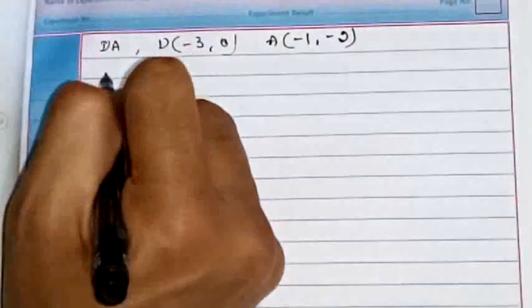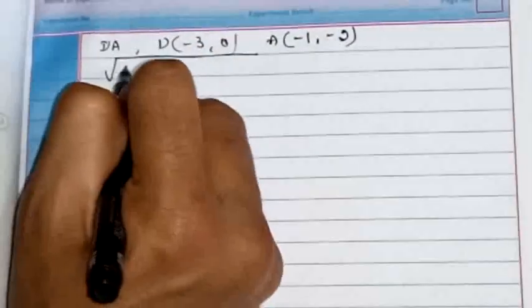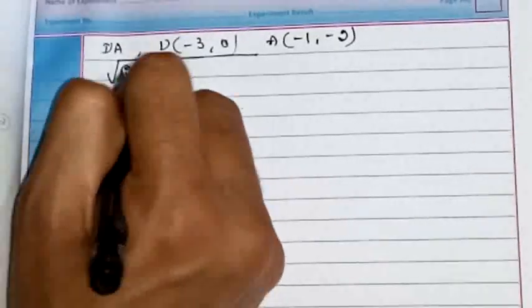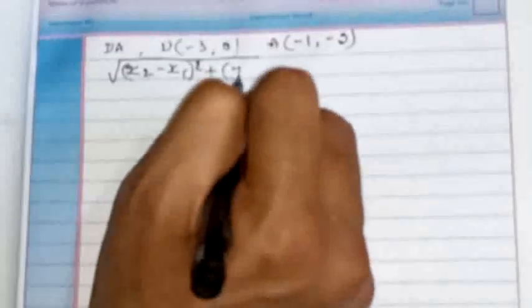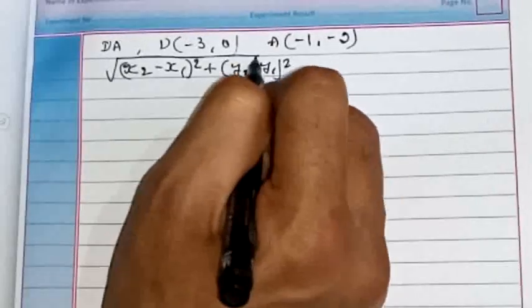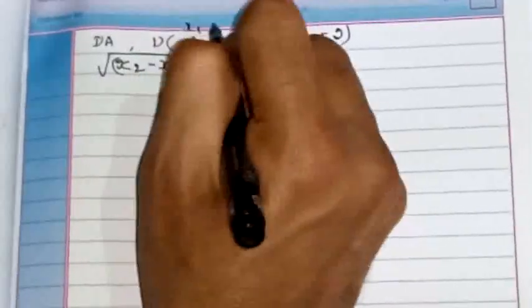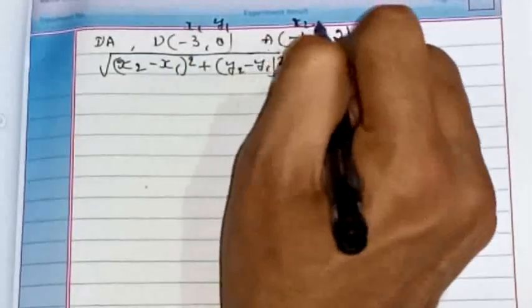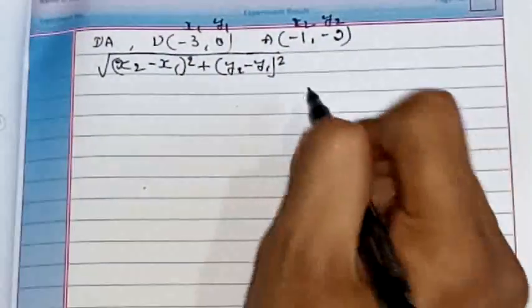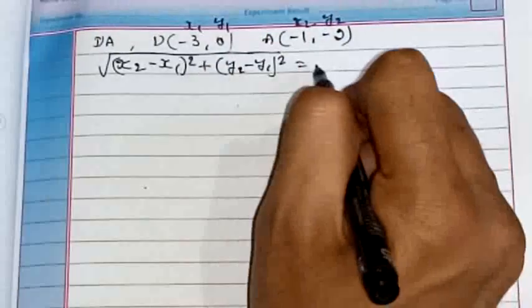So now what is the distance formula? Square root of x2 minus x1 whole square plus y2 minus y1 whole square. Right? So now as usual, write down this as x1, y1, and this as x2 and y2. Right, now apply the values to the formula.